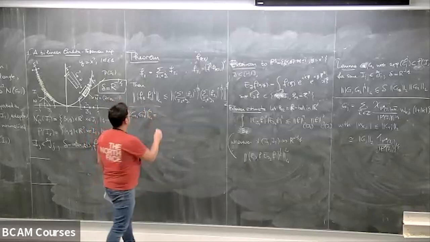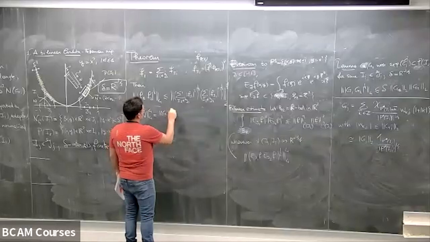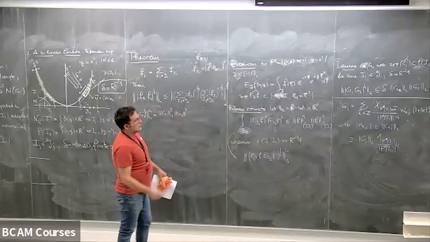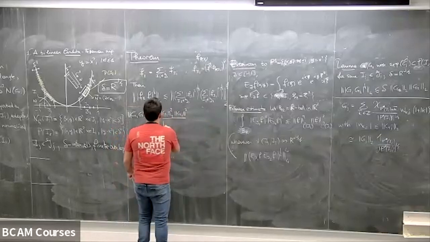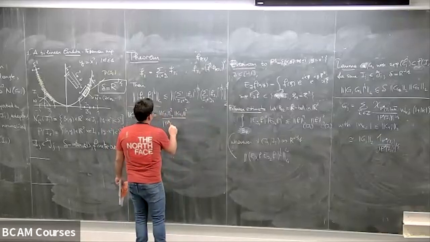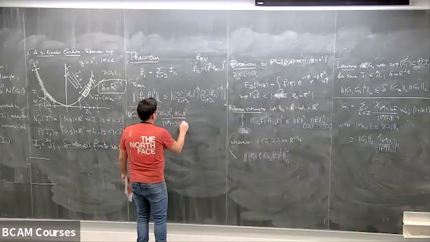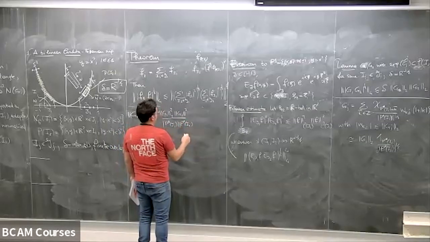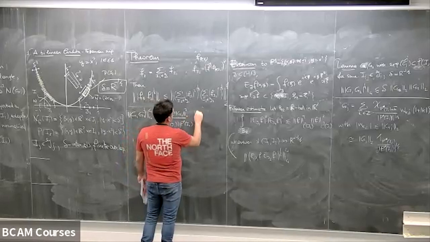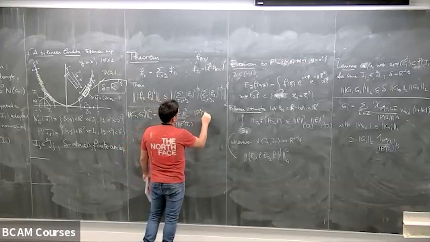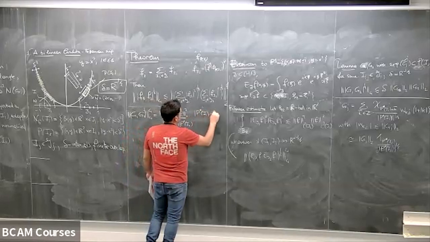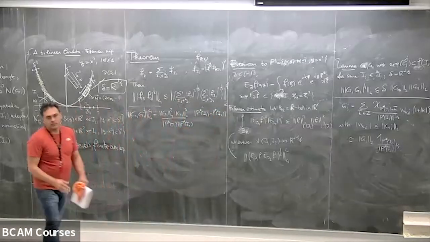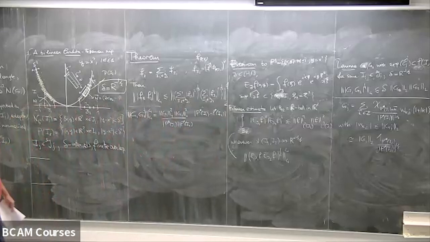Well, I compute v1 squared, v2 squared, and then you integrate, you divide by P star of I1 and P star of I2. And then the key is the intersection, P star of I1 intersection P star of I2. After this ruthless simplification.